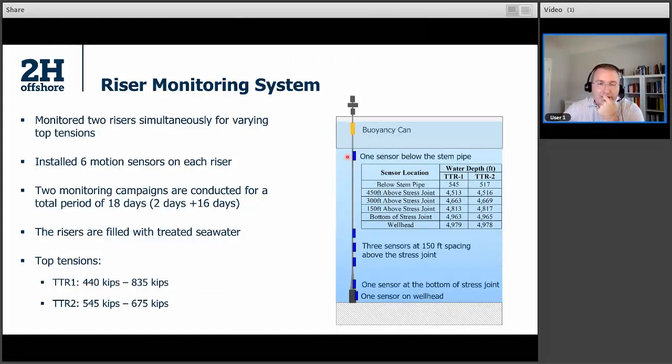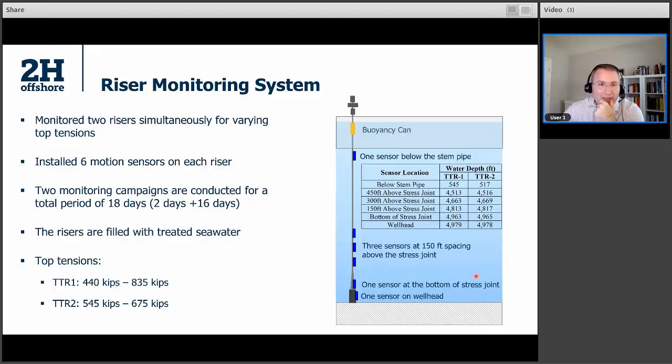One sensor is installed at the top of the riser below the stem pipe, and three loggers or sensors are above the stress joint, spaced at 150 feet, and one sensor at the bottom of the lower stress joint, and there's another sensor on the wellhead. The ROE depths for all sensors installed on the risers are given in this table.